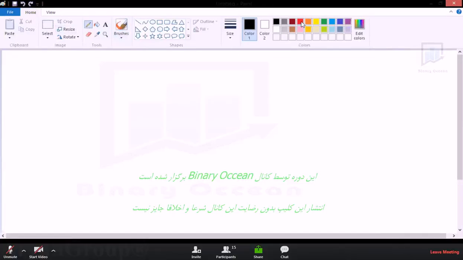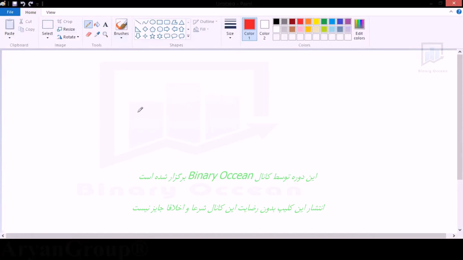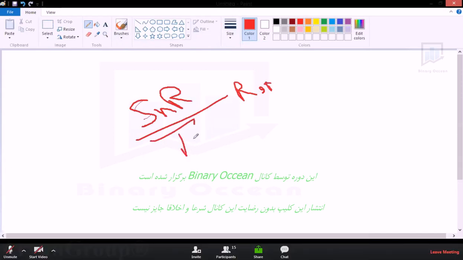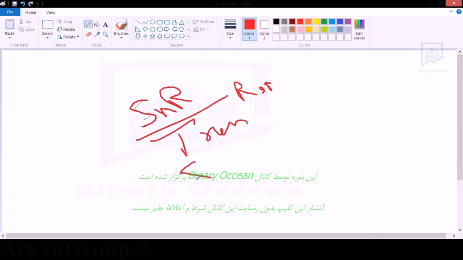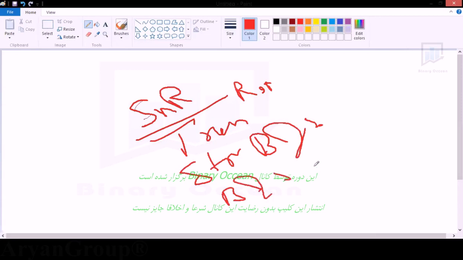Okay, I explained so many points: SNR level, a strong SNR rejection, and a trend, and strong buyers and sellers area, and buyers and sellers entry points in trend, and continuation and reversal candlesticks in the market.